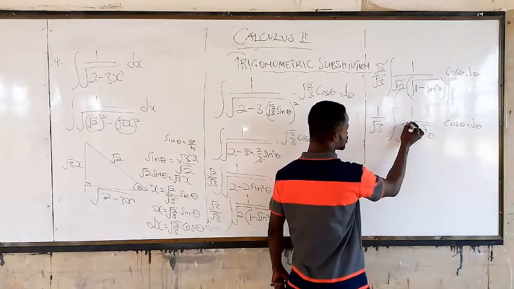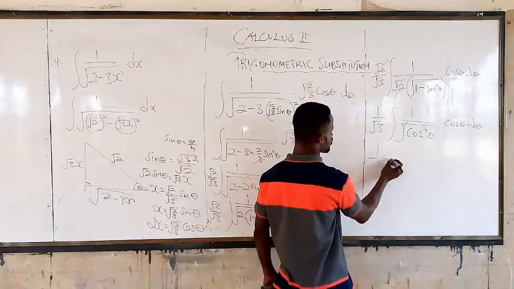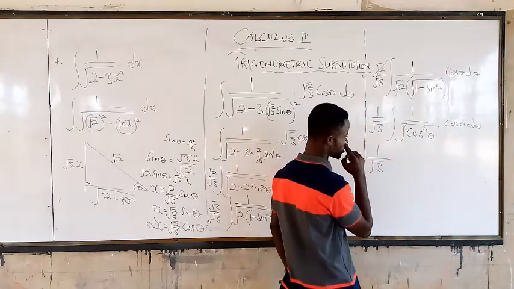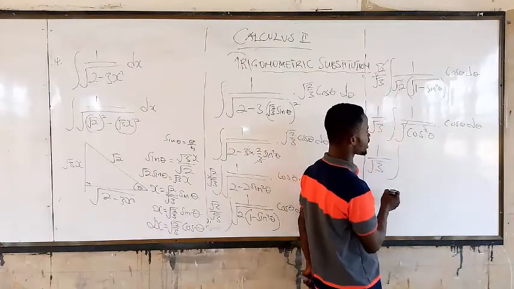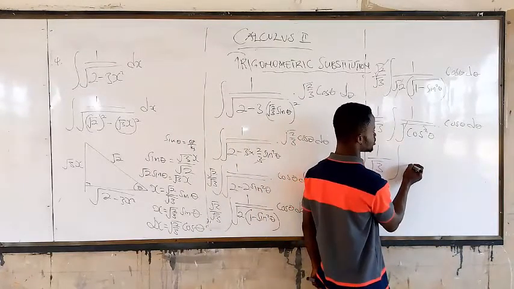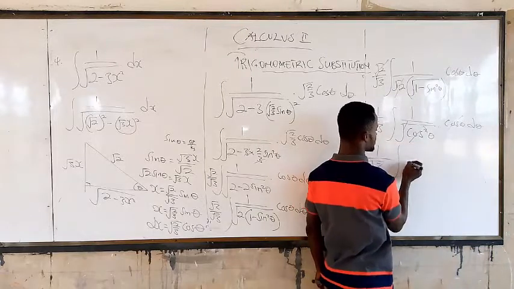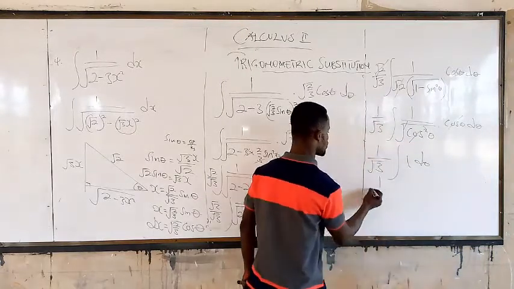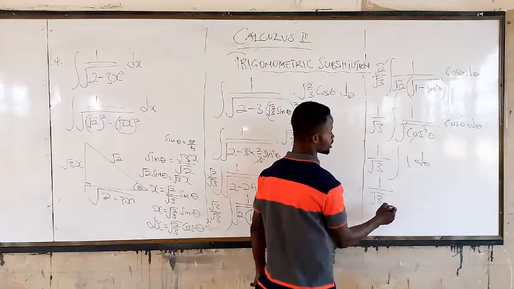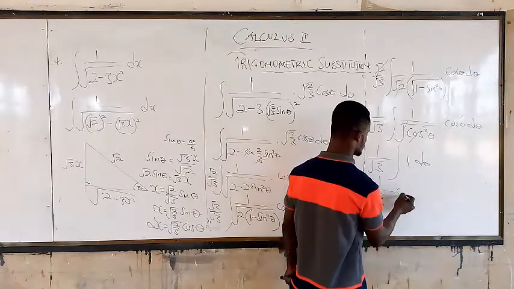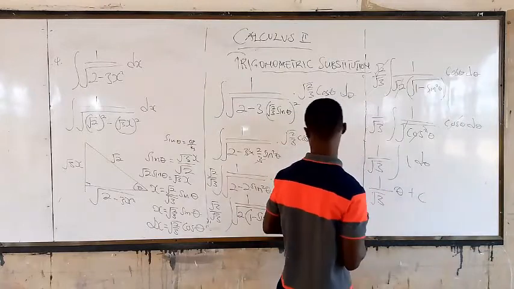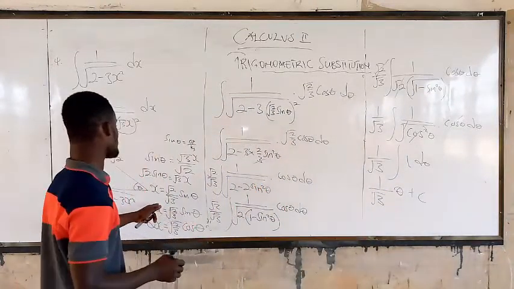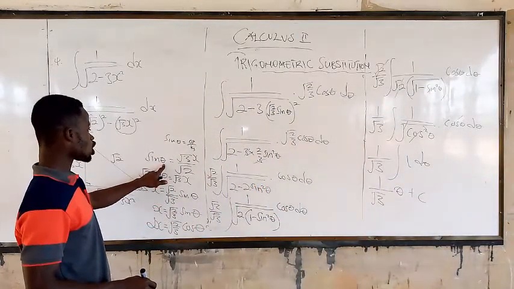So this also takes away this. So we get 1/square root of 3 integral of, this takes away this. So we get 1 d theta. So 1/square root of 3 theta plus c.